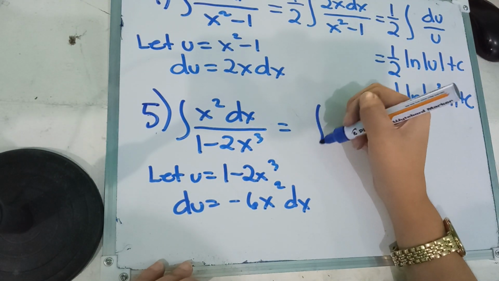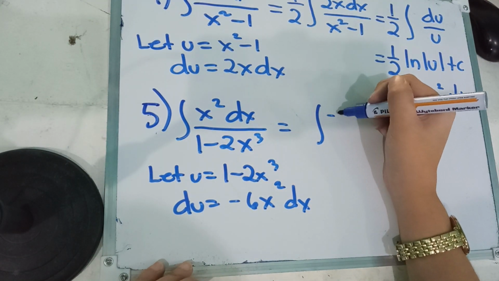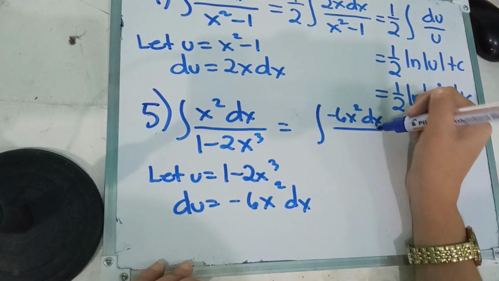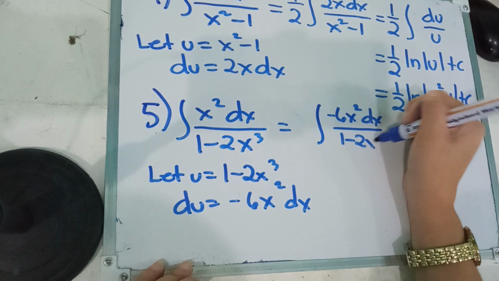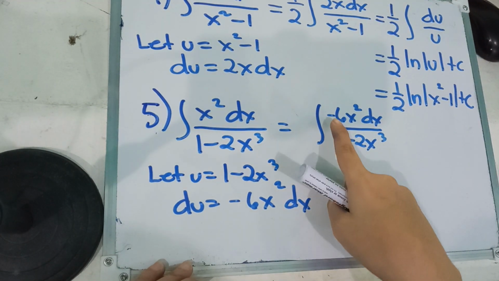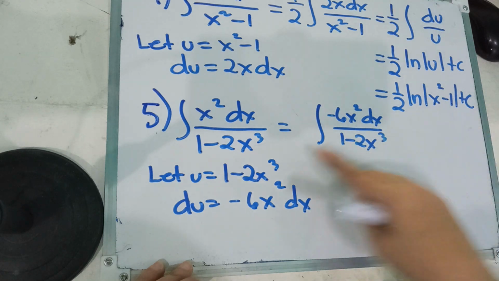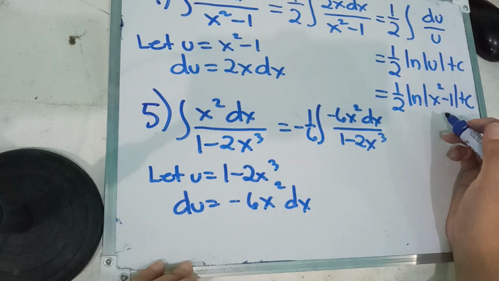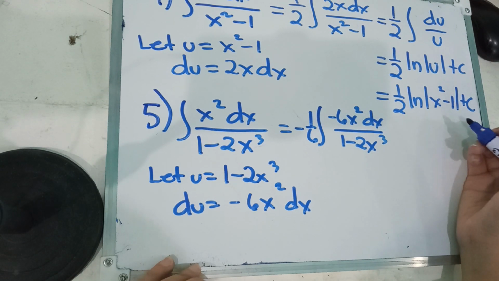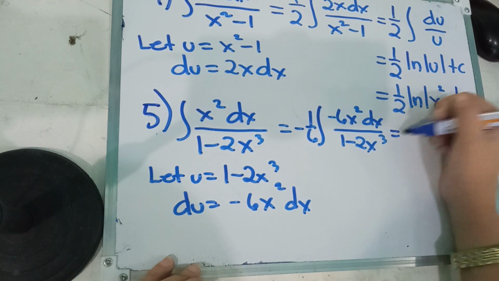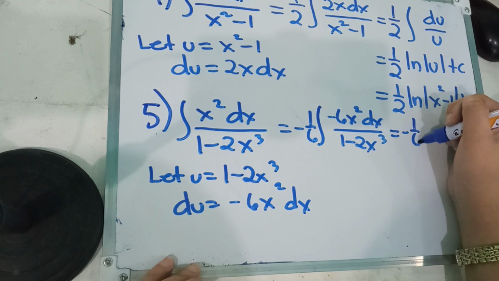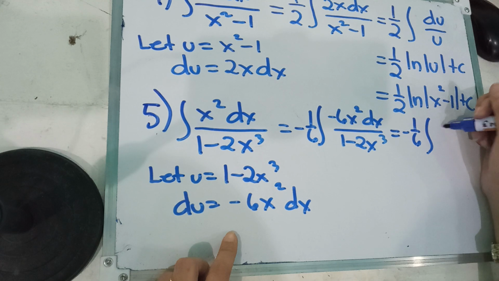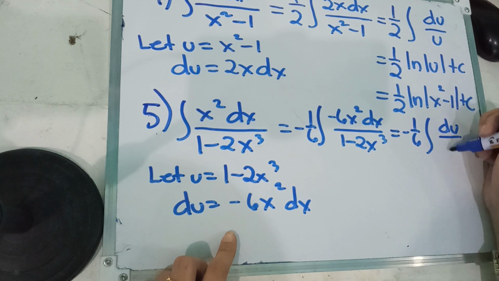So that will become negative 6x squared dx over 1 minus 2x cubed. But since we put negative 6 here, of course, we need to put negative 1 over 6 outside of the integral symbol. Using U substitution, that's negative 1 over 6 integral, that is du over u.